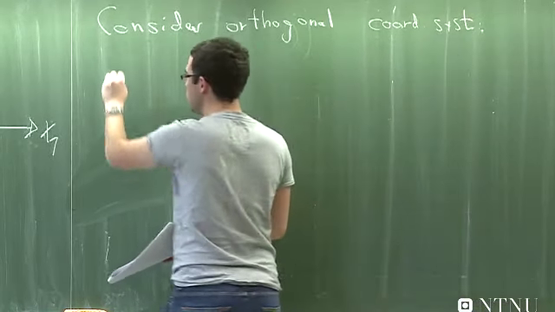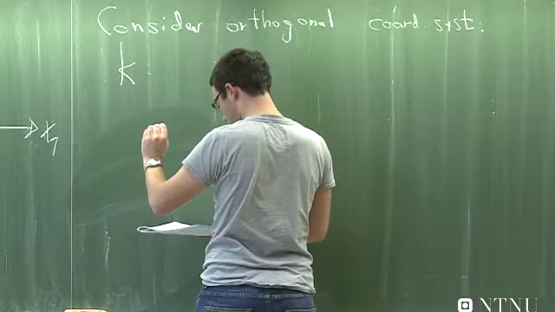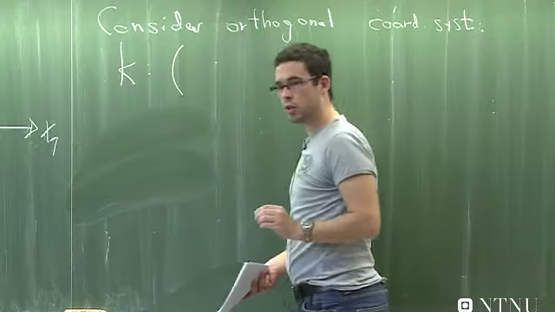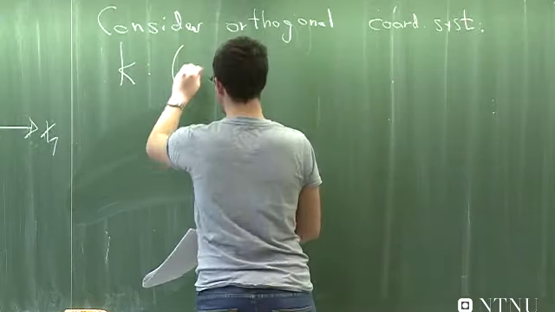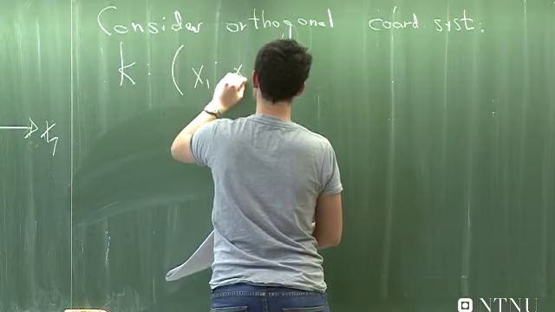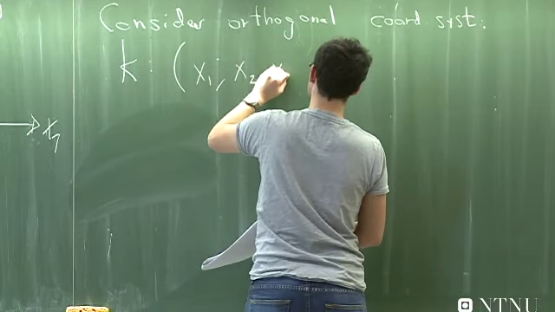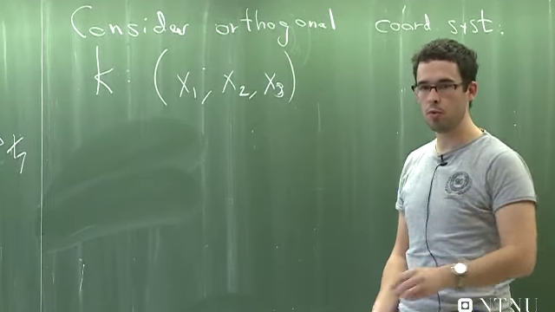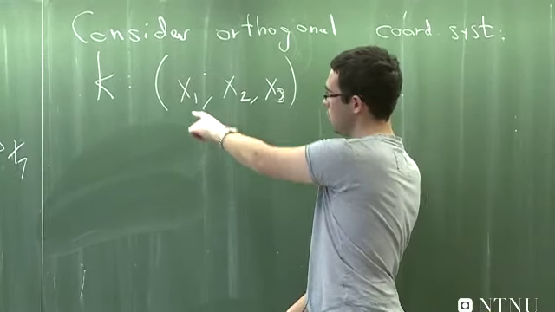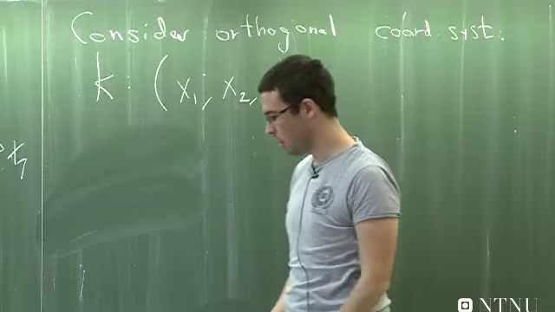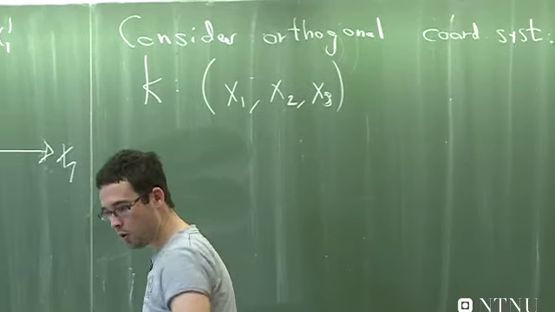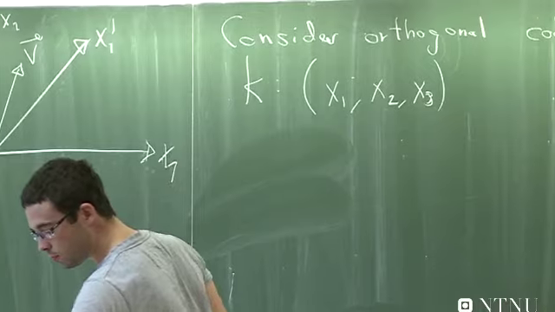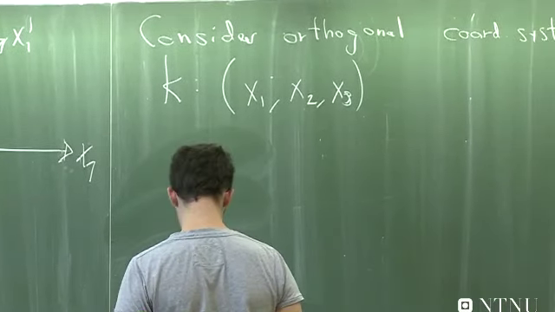Now if you start off by considering an orthogonal coordinate system, I will call it K, and it's going to have 3 axes, x1, x2, x3. You'll notice that I don't use x, y, z anymore because I want to use the summation convention, so that's why I use the numbering scheme. Okay.